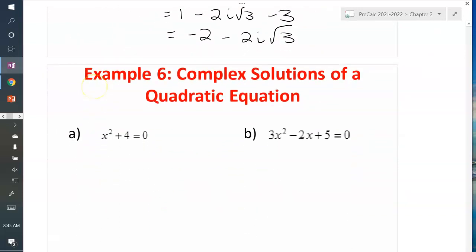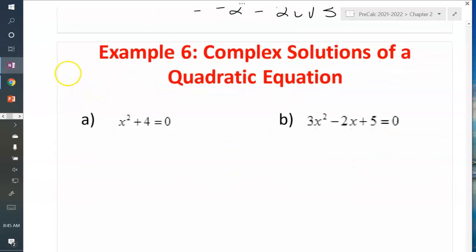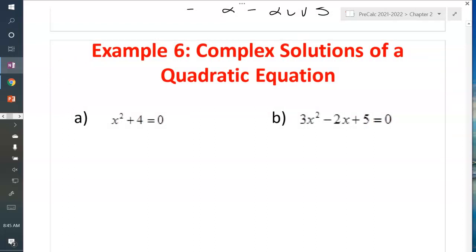All right, the last idea we have is complex solutions of a quadratic equation. So if you look at the first one, x squared plus 4. Well, that's a sum of two squares, which means what I've actually done is multiplied by a complex conjugate. So I can factor this: x plus 2i, x minus 2i.